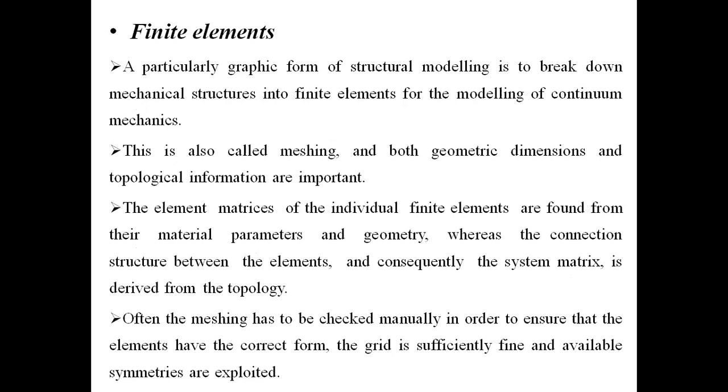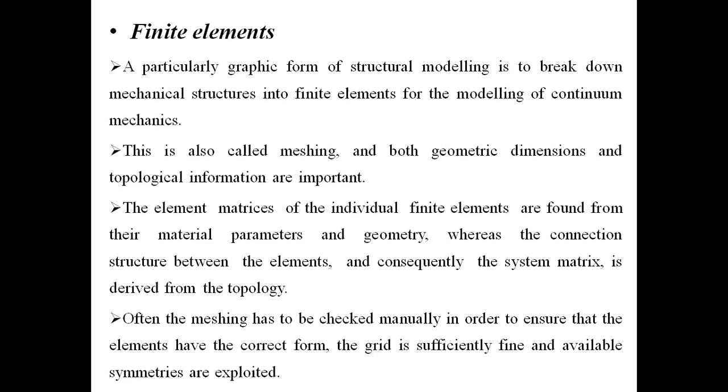So in the case of finite element, a particularly graphic form of structural modeling, we break down the mechanical structures into finite elements for the modeling of continuum mechanics. So which is also called meshing over here, and both geometric dimensions and topological information are important there. Okay.